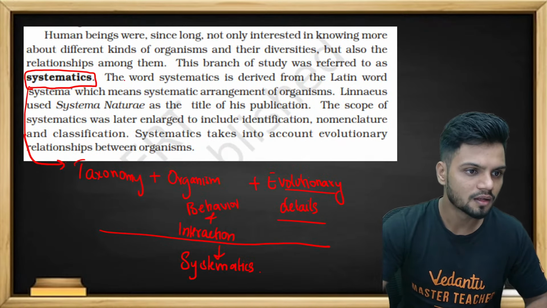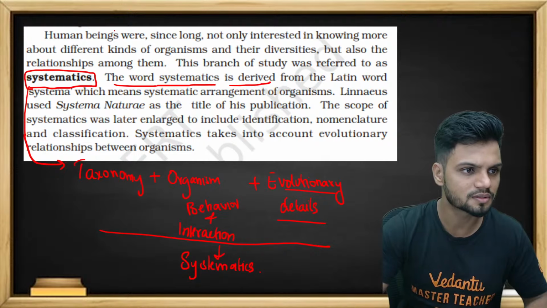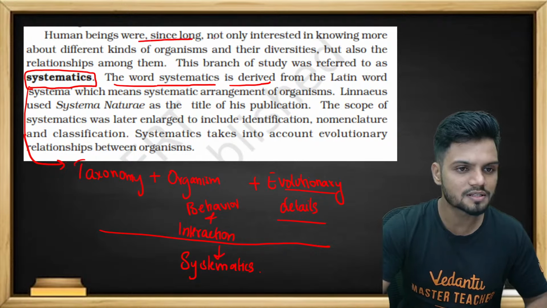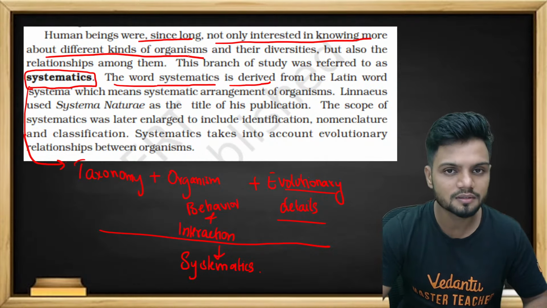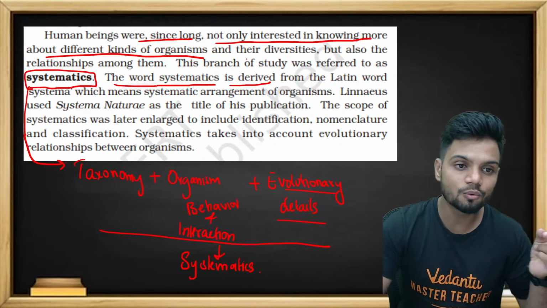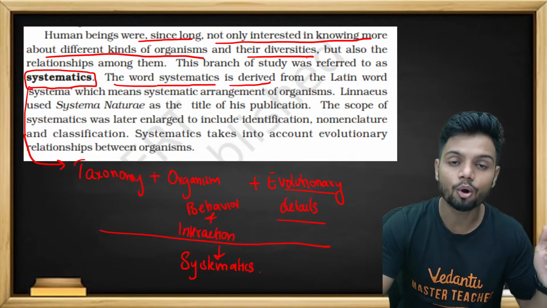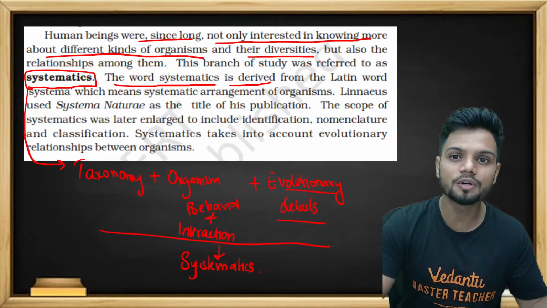See here, the word systematics is derived. Human beings were since long not only interested in knowing about different kinds of organisms. I want to know this is a plant, this is a dog. But I also want to know the diversity. How many types of dogs are there? Wolves, foxes, hyenas, coyotes.